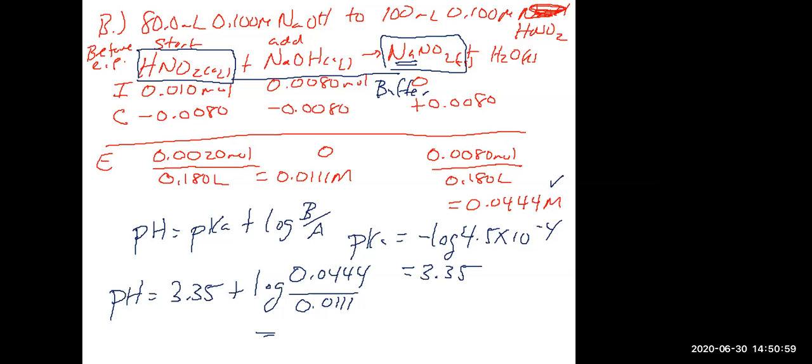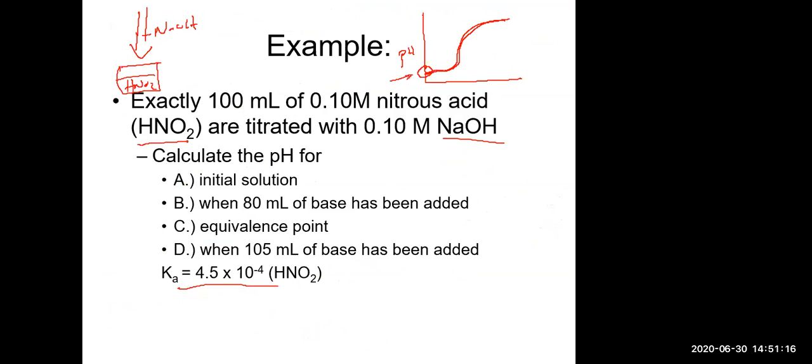That gets us a pH of 3.95 at this point in the titration. The 4.5 times 10 to the minus 4 should be the pKa value, I hope, unless I looked at it wrong. I think so, right there on the bottom.